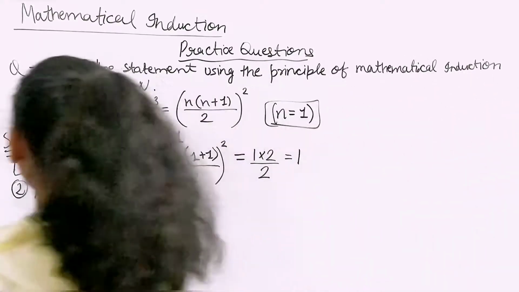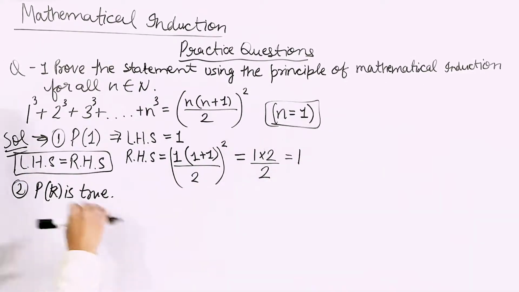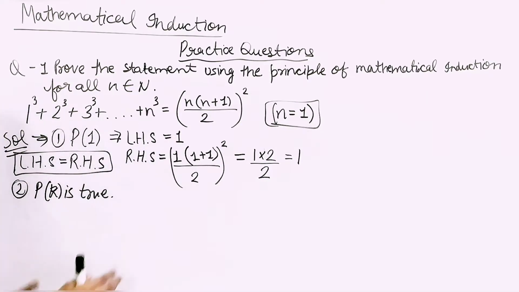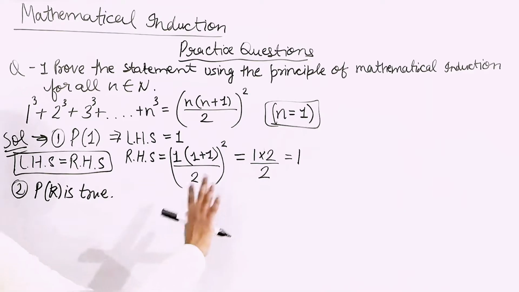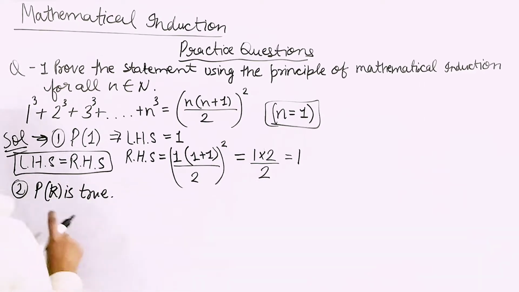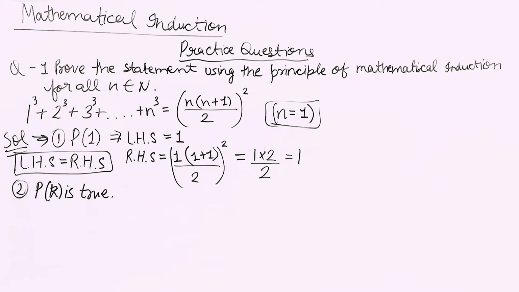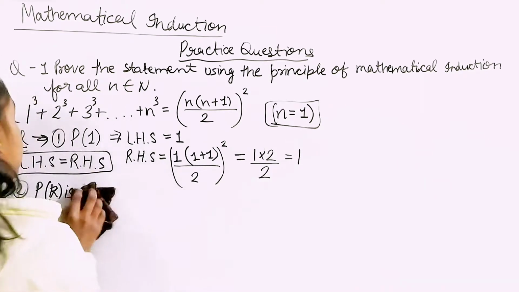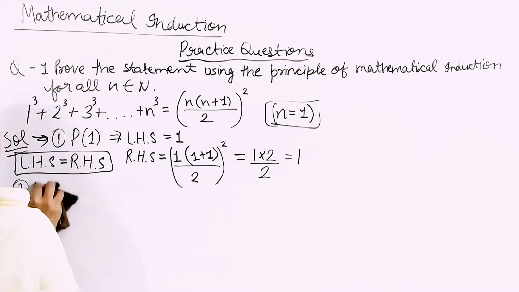First of all, let's have a look at the statement, how our statement is going to be and how we will write it. We're assuming it, so it's not actually proven; we're just assuming it.